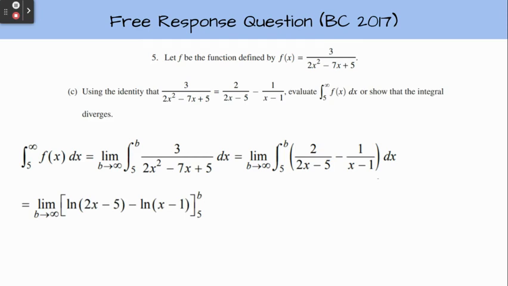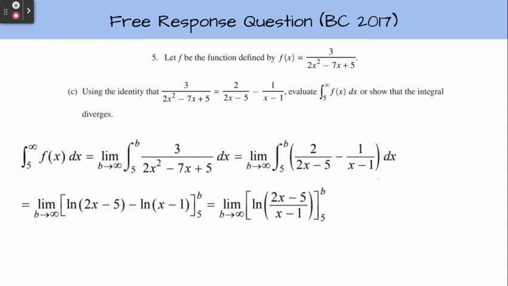And then you have natural log of 2x minus 5 minus natural log of x minus 1 from 5 to b. And then if you remember with logs of the same base, so like natural log is just log base e, it's the same base. When you add, you can multiply the interior parts, and then when you subtract, you can divide them.